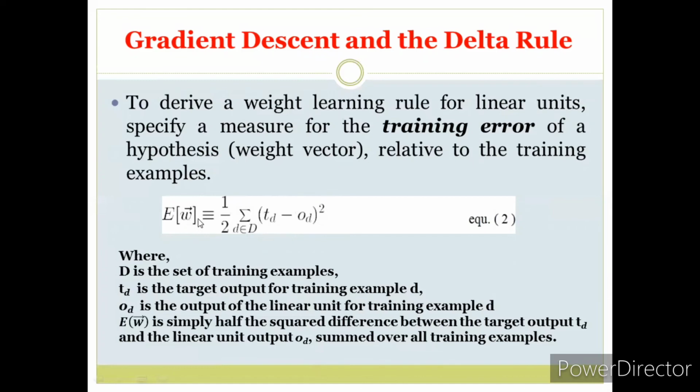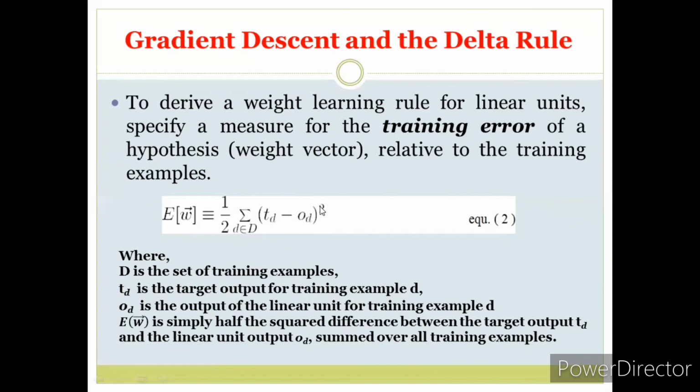So we can observe the error is given by E(w) = 1/2 summation over the entire training examples, that is, for each and every training instance present in the training data, of the squared difference between the target output obtained for that particular training example and the generated output.